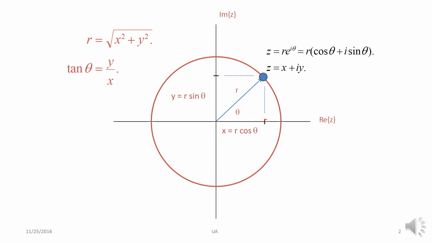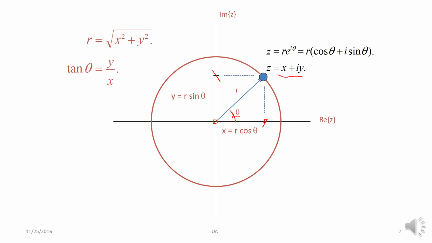This is the x value and this is the y value. This is the origin, so 0 to this point is x and 0 to this point is y, equal to r sin θ. Theta is obviously this angle measured from the x-axis. r is the distance between the origin and the point.